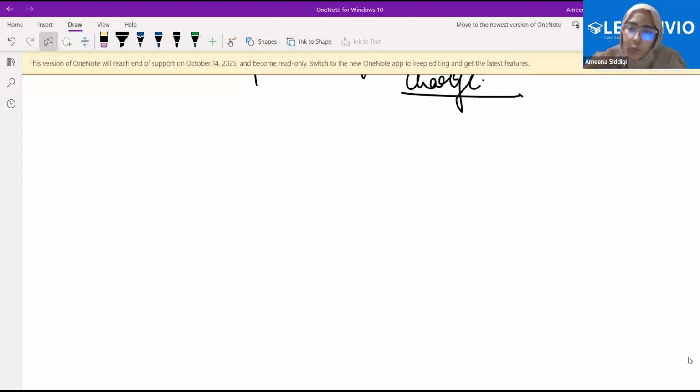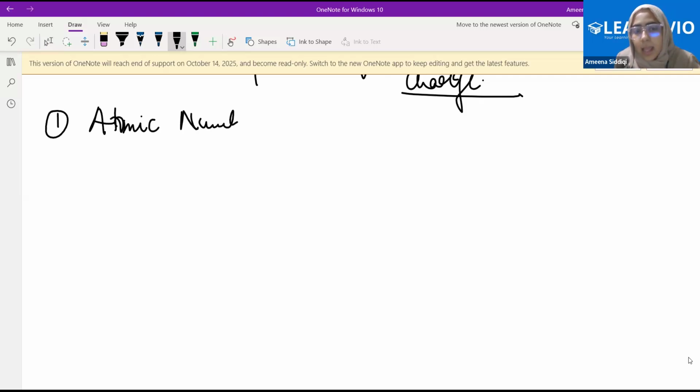So we have to understand two terms here quickly. First, very important, is atomic number. These two terms will tell you everything about the atom. Through these two terms, we'll be able to understand the behavior of the atom.